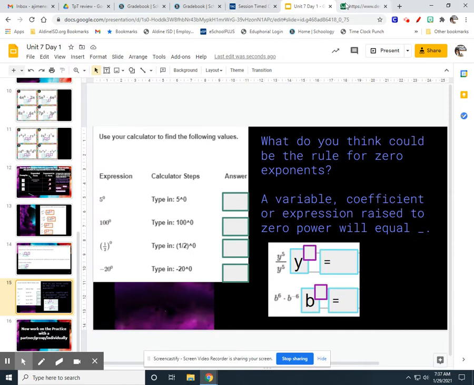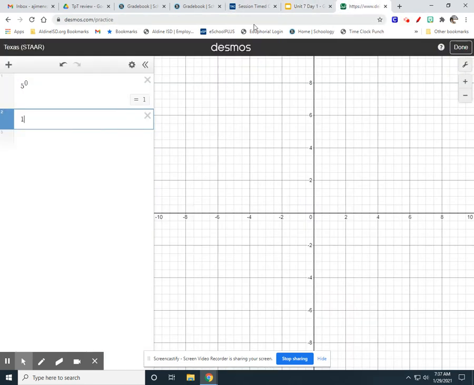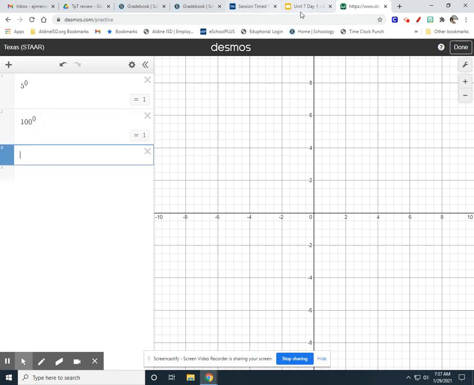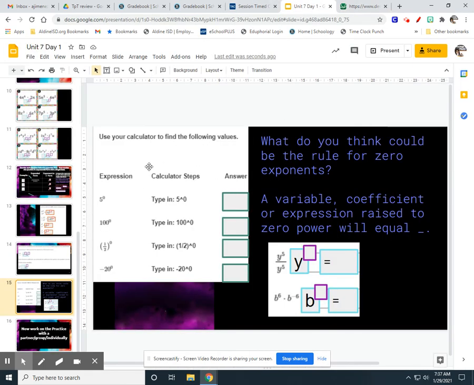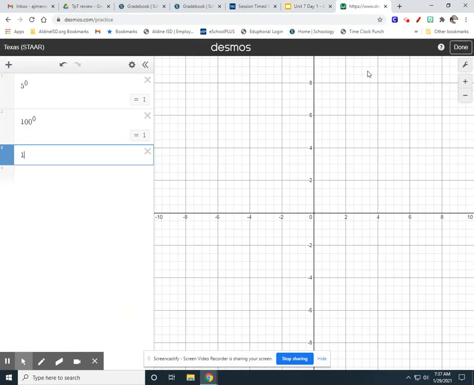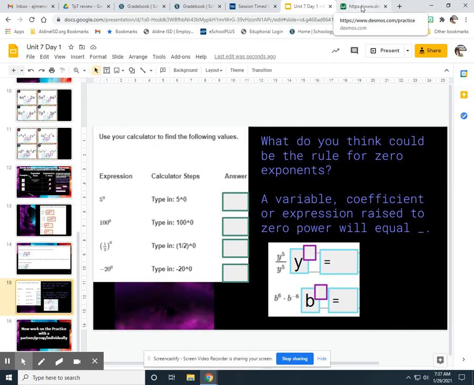Then we do 100. Shift 6, 0. It's also 1. 1 half, and then the 0. 1 half. The parentheses. 0. 1. And then it said negative 20.